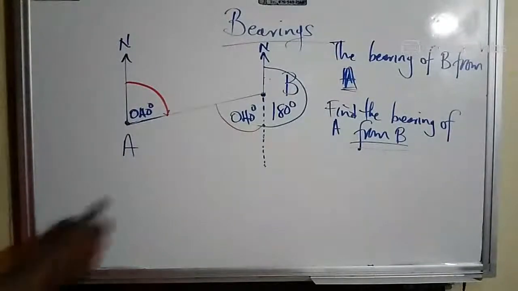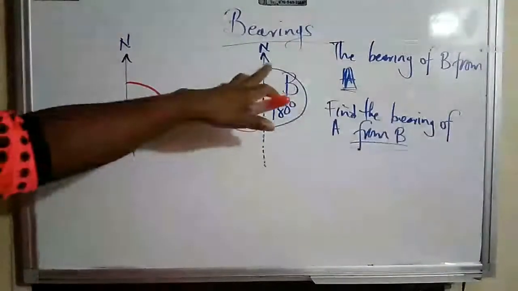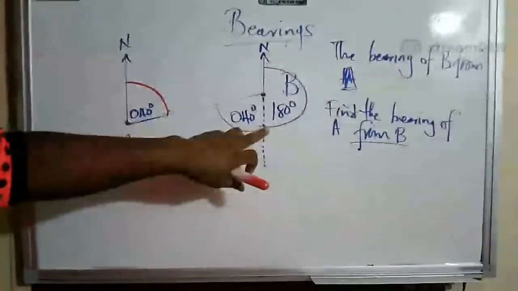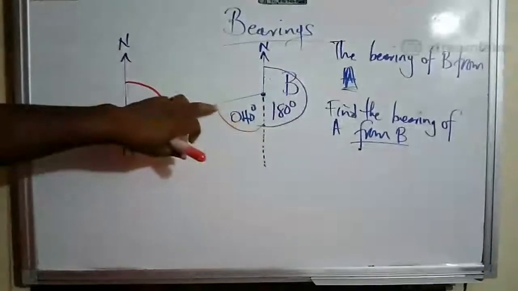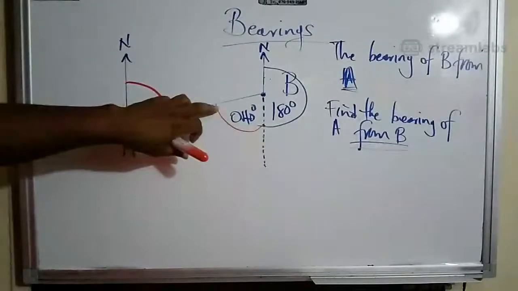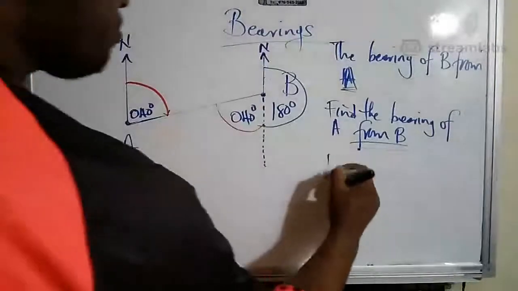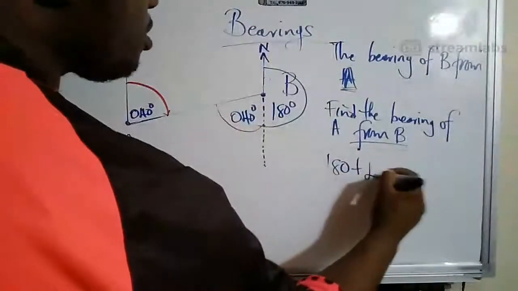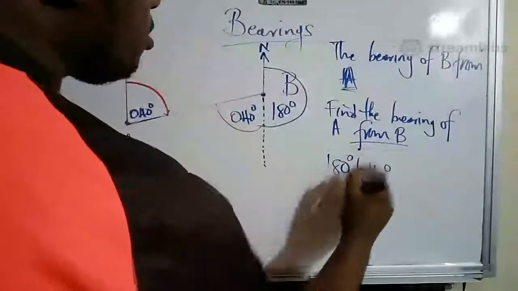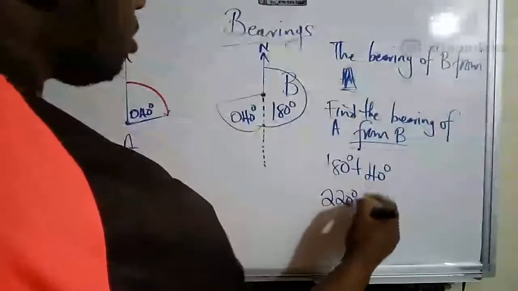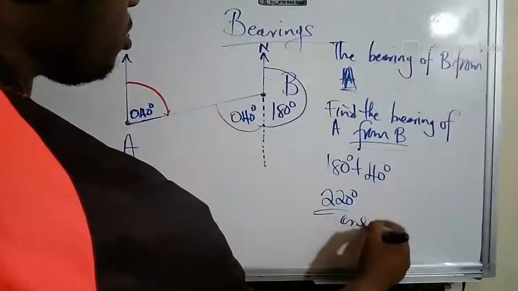So the bearing would be all the way to here. So from right here to right here is 180. And this is 40. So what we can do is add 180 plus 40. And that gives us 220. And that would be our answer.